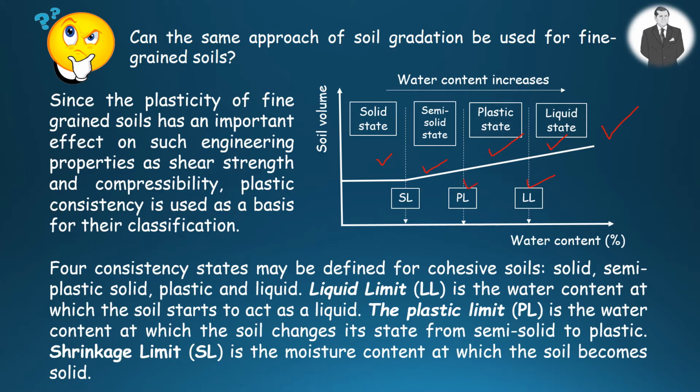Plastic limit is the water content at which soil shifts its state from semi-solid to plastic state. And finally, shrinkage limit is the moisture content where the soil turns into solid state.